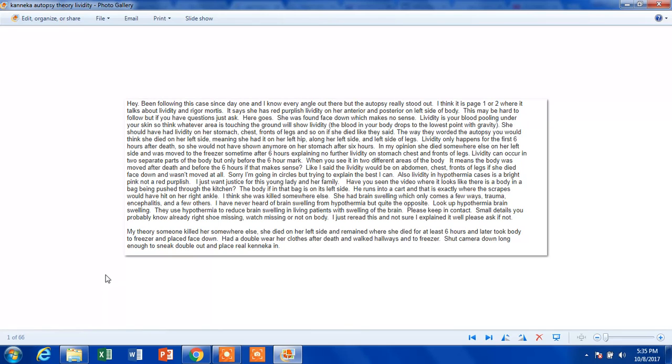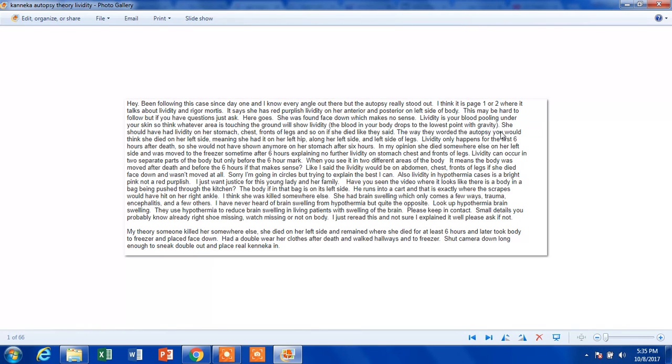I think it's on page 1 or 2 where it talks about lividity and rigor mortis. It says she has red purplish lividity on her anterior and posterior on left side of her body. Now it says right here she was found face down, which makes no sense.